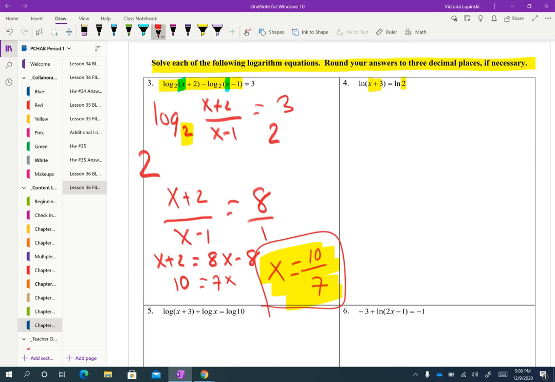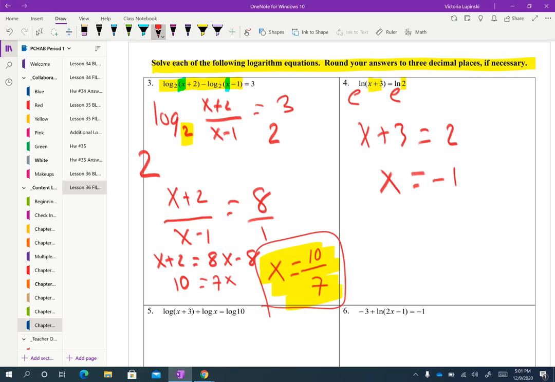Because these are ln's, you would exponentiate both sides by raising both sides to e. So on the left side, e to the ln base e would cancel to just be x plus 3. And on the right side, e to the ln base e would cancel to just be 2. So if you recognize right from the start that they're equal, you can just go ahead and set them equal right from the start. But if you want to show the process, by all means.